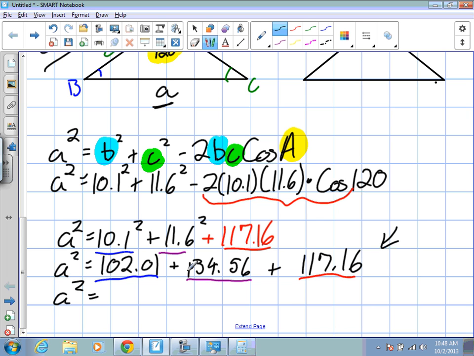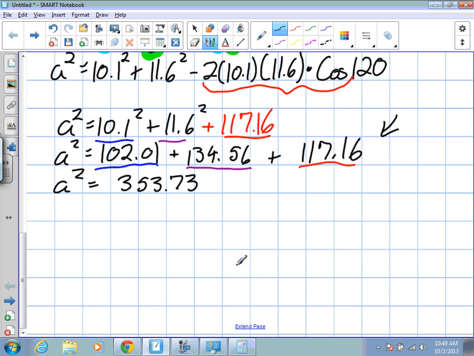It should be 353.73. Thank you. Finally, the last step, because it's an exponent on this side, we need to square root that value. What is our A value in this case? 18.8?